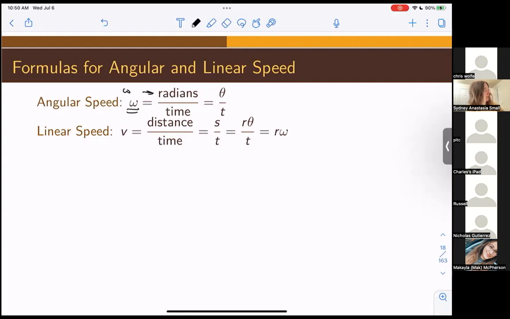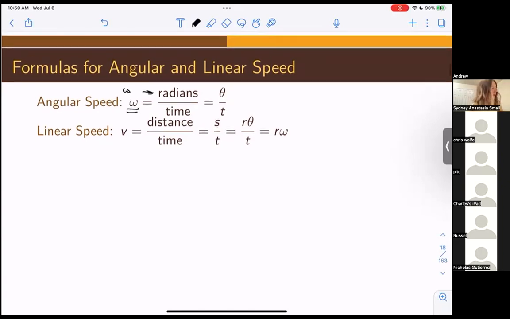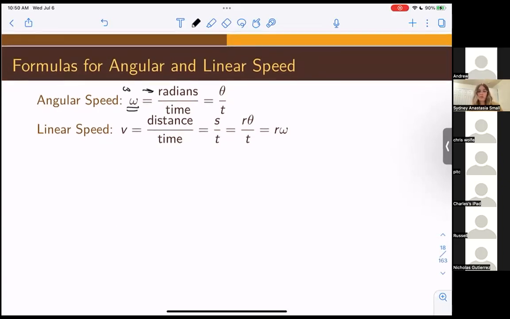So we'll always want this in radians over time, which I just denote as theta over t because theta is the standard Greek letter we use for angles and radians, and then t is just time, can be in seconds, minutes, hours, days, whatever. This doesn't matter what that unit is as much, but radians has to be in radians.